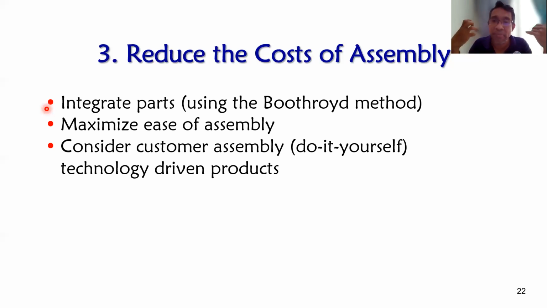So we need to replace the separate parts by thinking of integrated part fabrication using both methods. We can use mold, we can use stamping, or we can use casting. Yet you need to remember the quantities. So the quantities should be there.